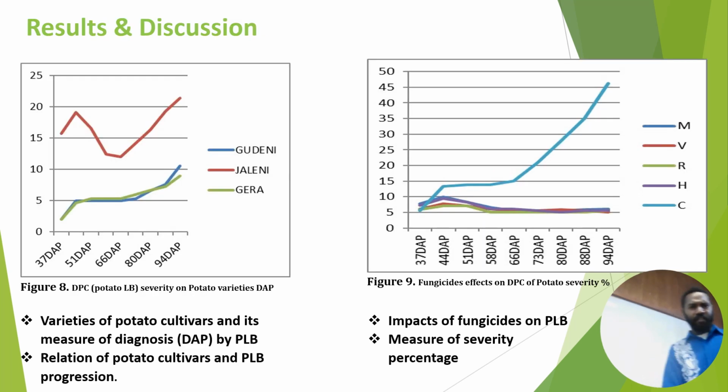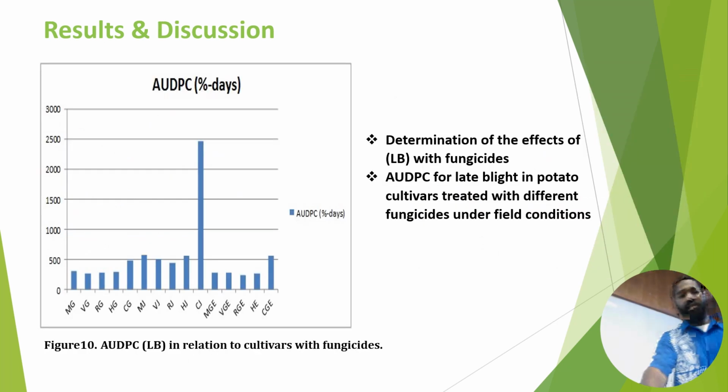Figure 8 and Figure 9 are also abstractions from the table. Figure 8 talks about varieties of potato cultivars and days after planting by PLB or potato late blight, and the relation of potato cultivars and PLB progression. Figure 9 talks about impacts of fungicides on PLB and measure of severity percentage. Figure 10 is also another abstraction from the table.